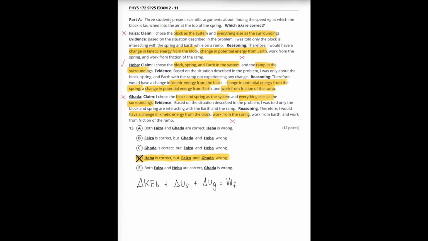So from this we have 1/2 times mass times v naught minus 0 squared, plus 0, minus 1/2 spring constant Ks times our displacement squared, plus mg delta y, is equal to minus mu k mg cosine theta times our displacement s.